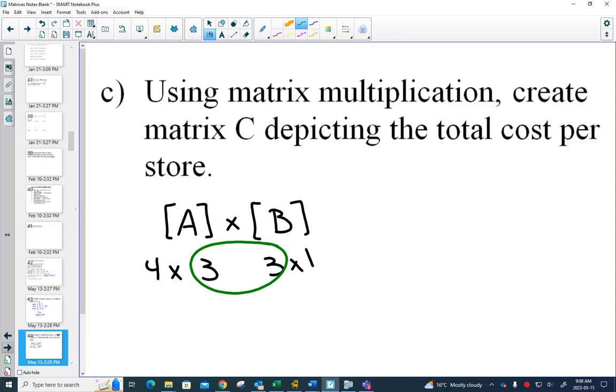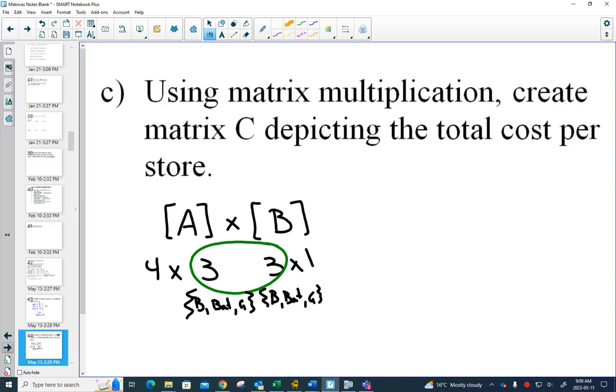But in a real-life problem, in order for your answer to make sense, not only do these numbers have to match up, but they have to represent the same things in the same order. This is why underneath this 3, I wrote balls, bats, gloves, and this 3 was balls, bats, gloves. They not only have the same size, but they represent the same thing.